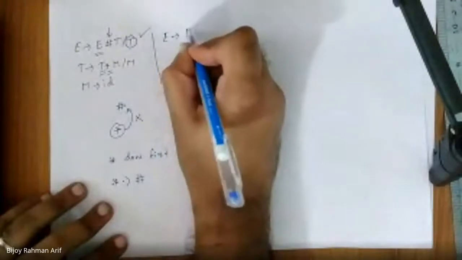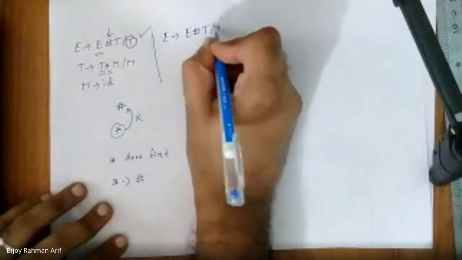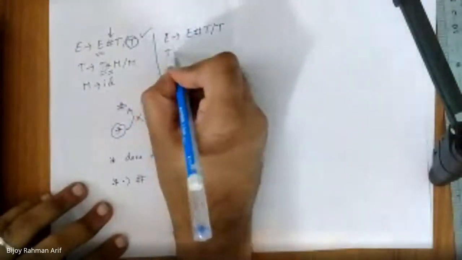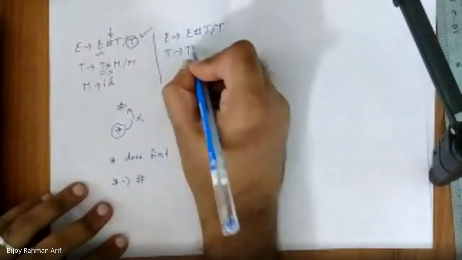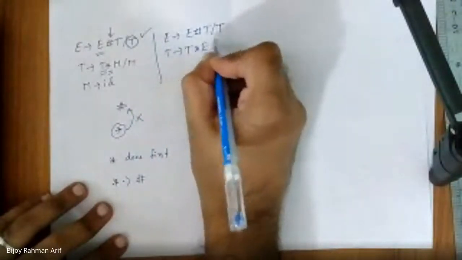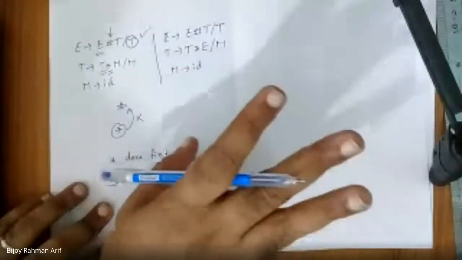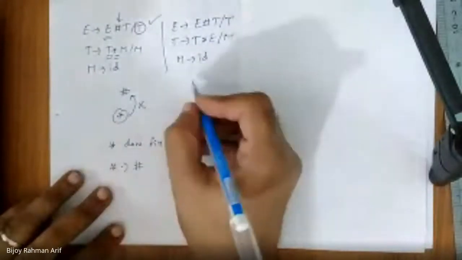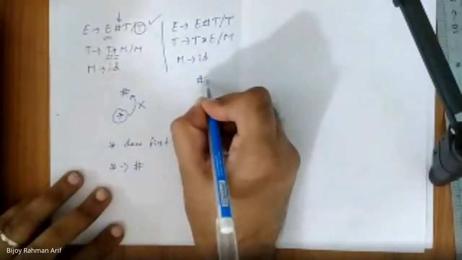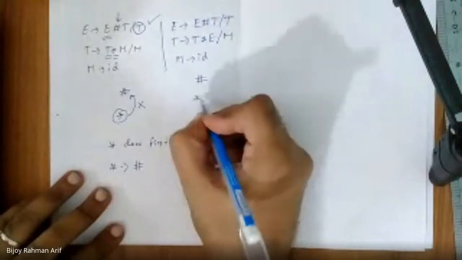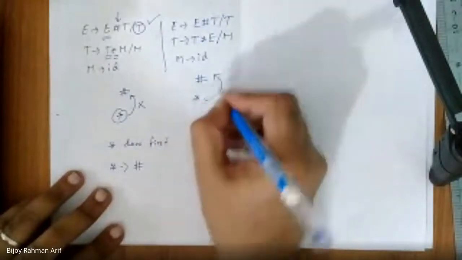Now see, if I change this grammar like this: E derives E hash T and T, then T derives T star E or M, then M derives star E. No associativity problem here. But see, you generate hash, then you generate star, then again you can generate hash.